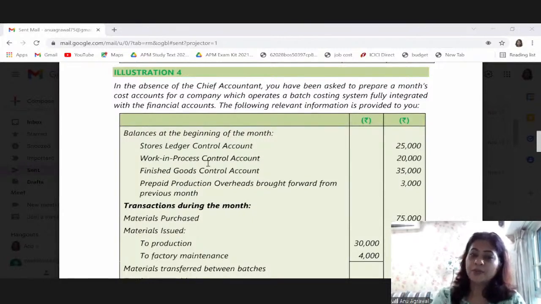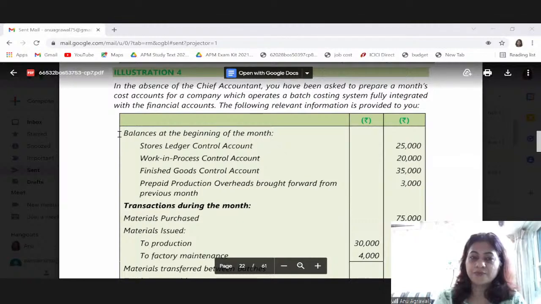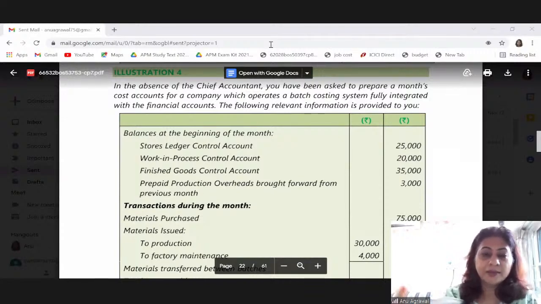So let us look at this illustration now, illustration 4. So guys, if I now put up something for you, you should be very clear.